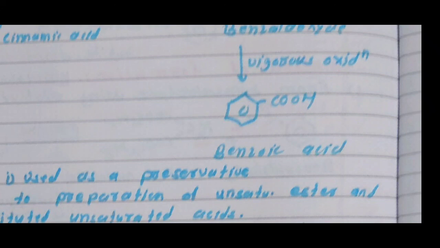This is the oxidation reaction of cinnamic acid using KMnO4 and chromic acid. When KMnO4 is used, first benzaldehyde is formed and on further oxidation it forms benzoic acid. But in the case of chromic acid, benzaldehyde as well as benzoic acid are formed.